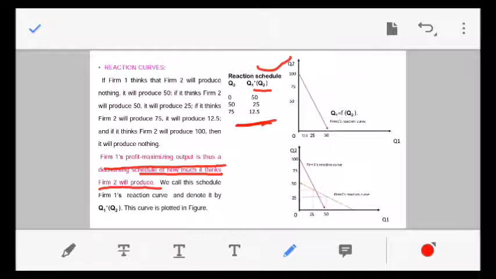If we're talking about farm 1's reaction curve, this means what is the expected output of farm 1 given farm 2's output. If farm 2 output is equal to 0, what is the quantity production of farm 1?